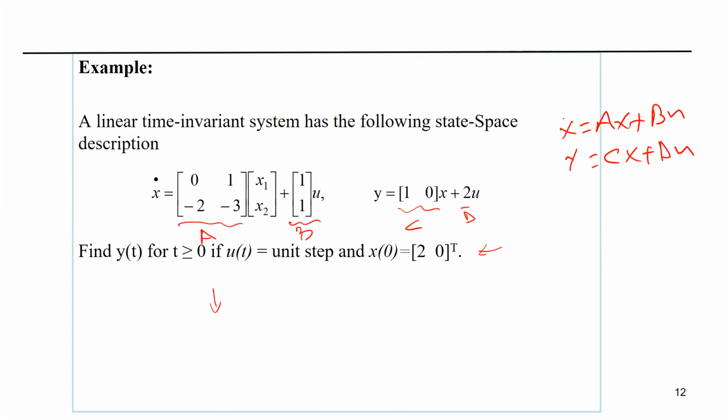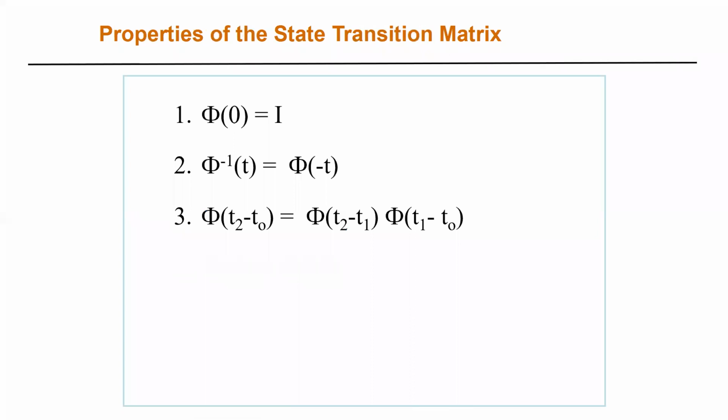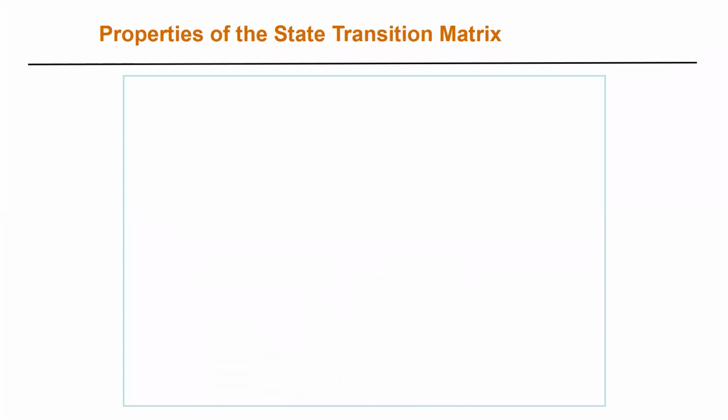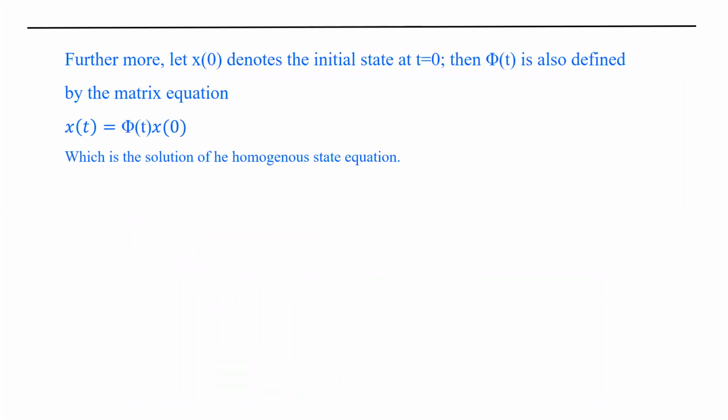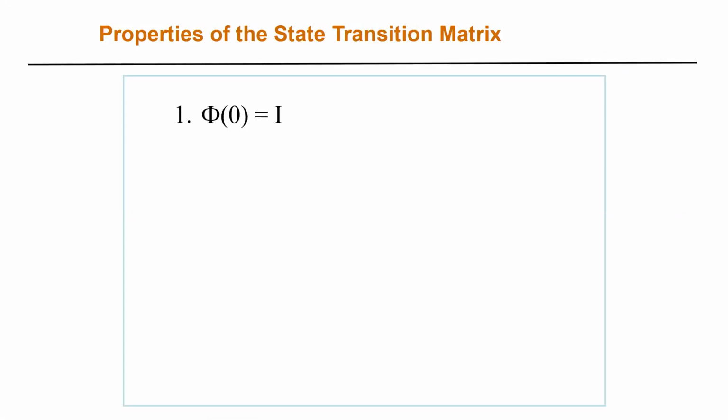Now let me go back to the properties of the state transition matrix. Remember, we said the state transition matrix, phi of t, is equal to e to the A t.